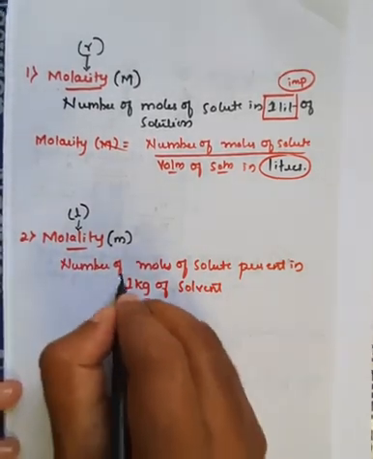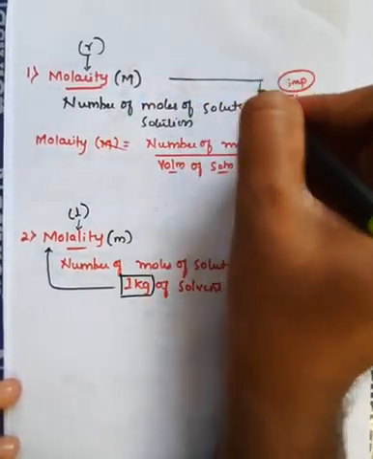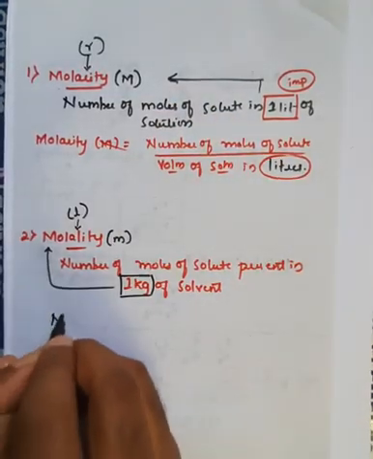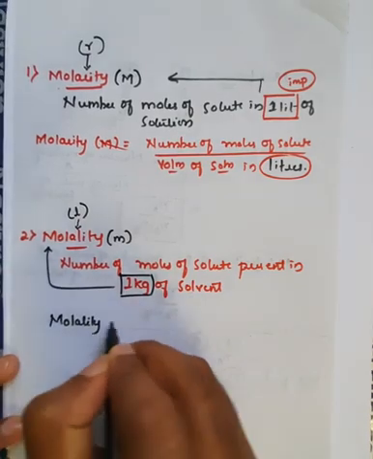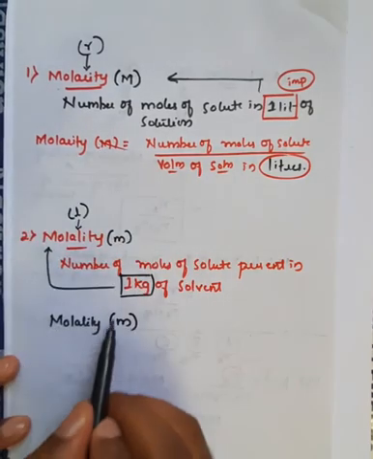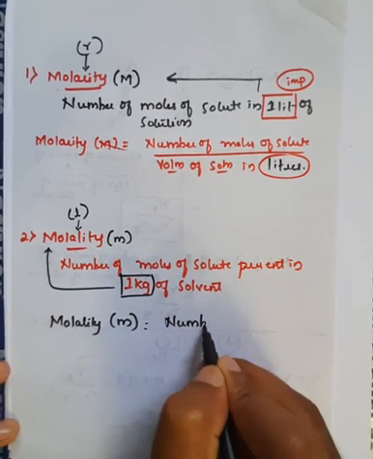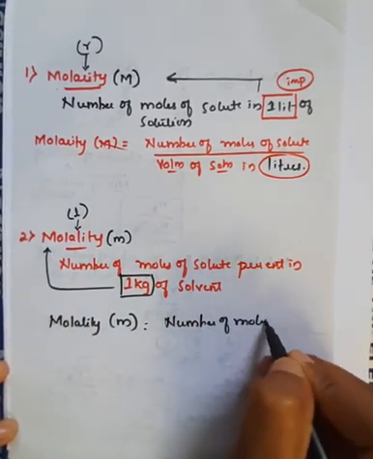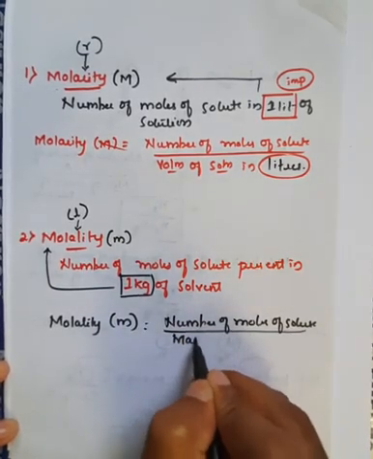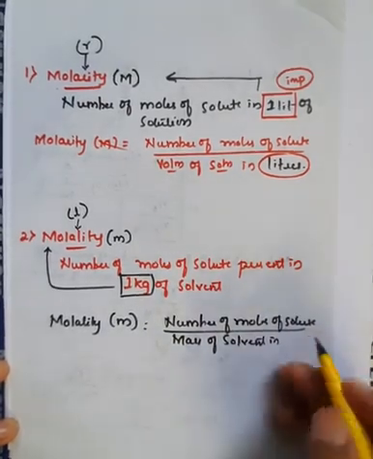So remember, wherever we use 1 kg, that gives the molality. Wherever we use 1 liter, that gives the molarity, right? So capital M for molarity, small m for molality. Therefore molality m is equal to the number of moles of solute divided by the mass of solvent in kg, right?